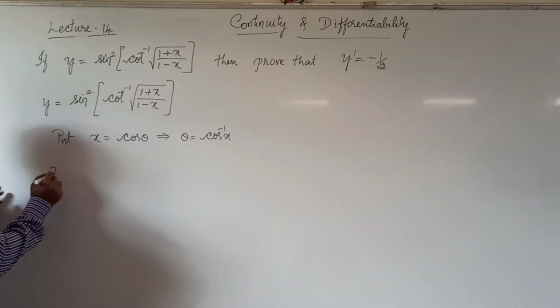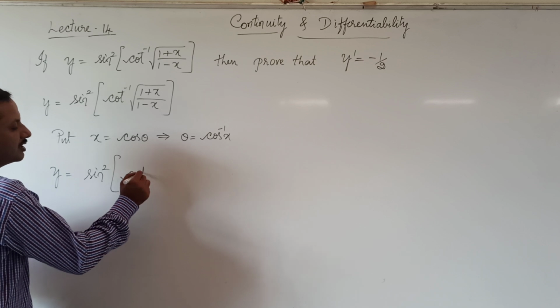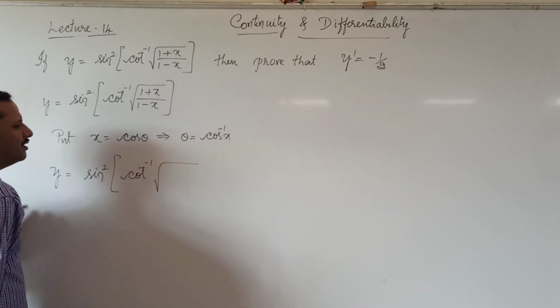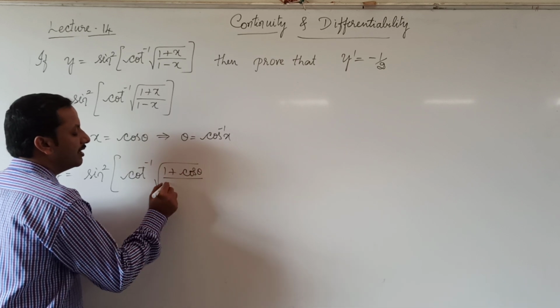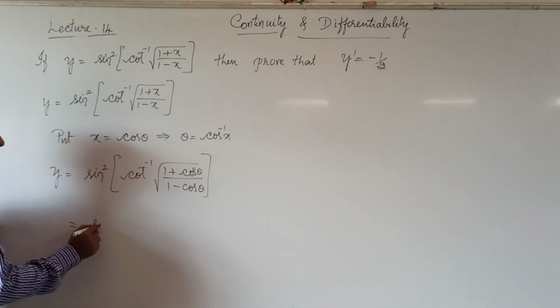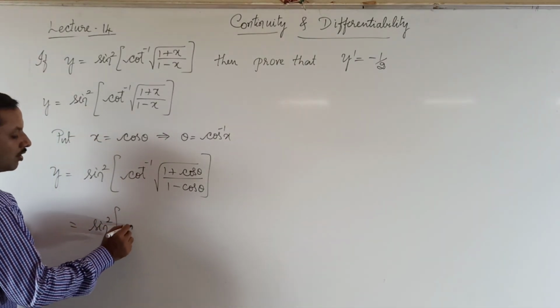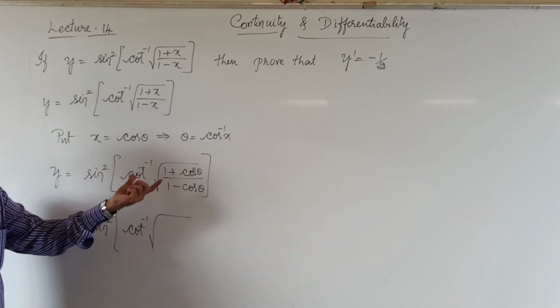So now you substitute. Y is equal to sine square cot inverse of root of 1 plus x. In place of x I am writing cos theta. Denominator will become 1 minus cos theta. That's equal to sine square cot inverse of root of 1 plus cos theta over 1 minus cos theta.